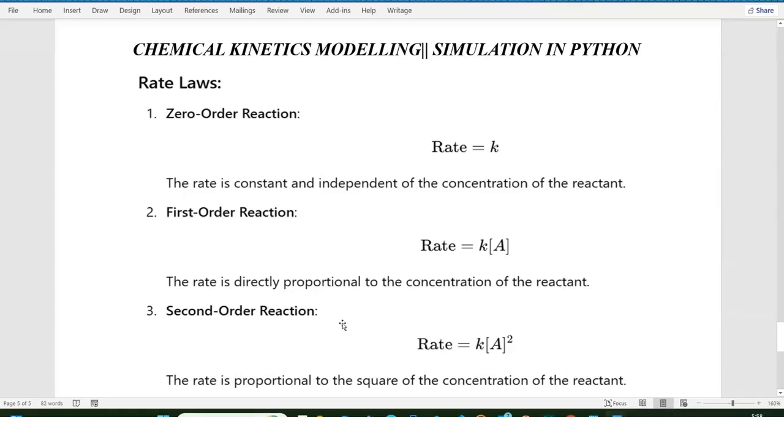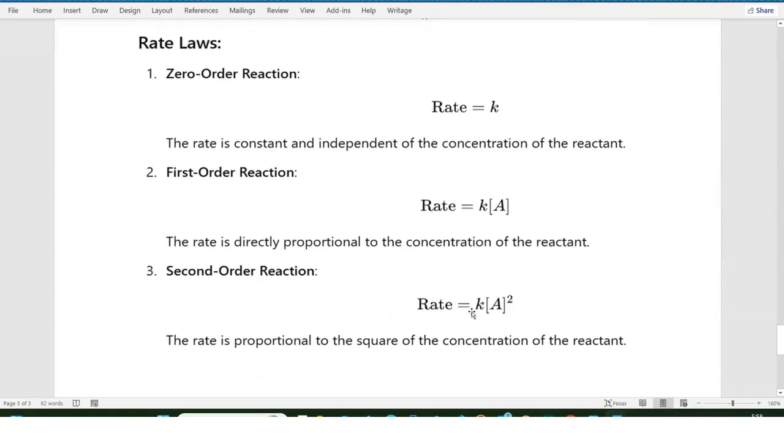Now, the second order reaction says that the rate of the reaction is directly proportional to the square of the concentration of the reactants. If there are two, then we would have the concentration of A, for example, and the concentration of B. This can be, for example, the reaction between sulfur dioxide and oxygen to form sulfur trioxide, a very important process in the large-scale production of sulfuric acid.